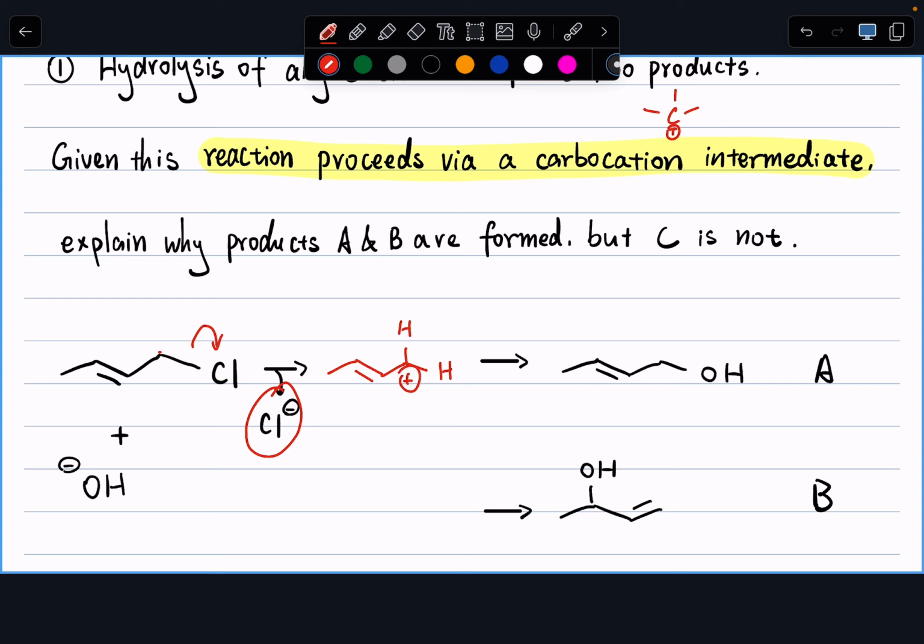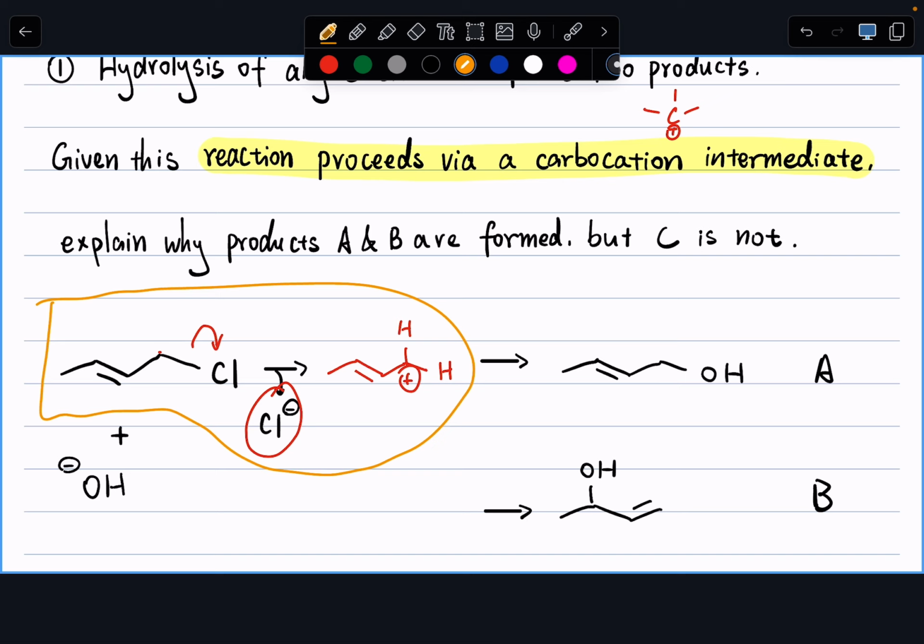I'll do it one more time. So the question reads, the reaction proceeds via a carbocation intermediate. So we ask ourselves, what is a carbocation intermediate? That carbocation intermediate is a carbon-centered positive charge, right? And in this process, looking at only the left part, we know that we're dissociating a chloride, Cl minus, to form this carbocation intermediate.